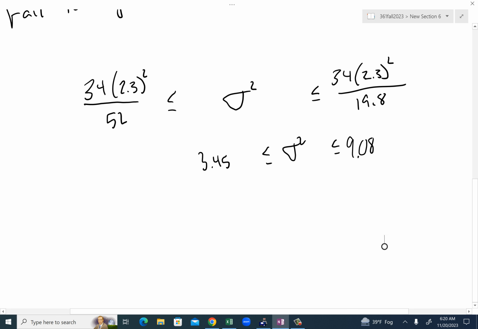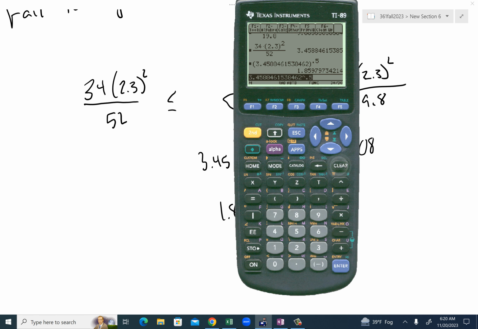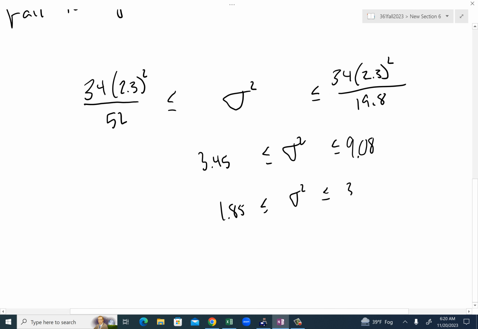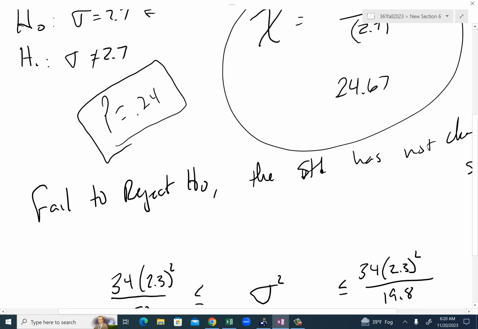So I got 1.85, and on the top end, .013. Yay!